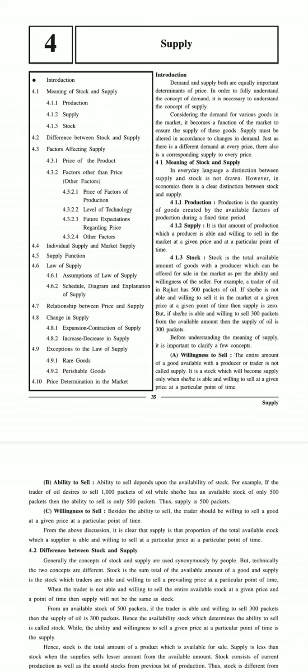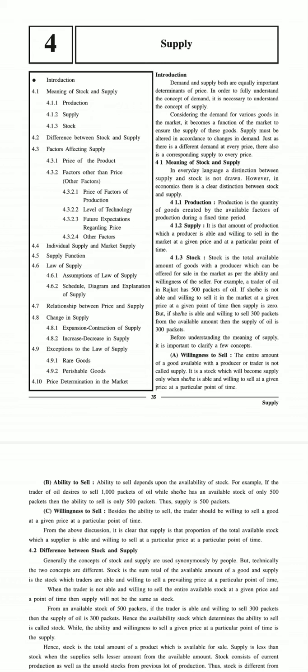Now, production in business administration means the process of combining various material inputs and immaterial inputs like plans, methods, men, etc. It is an act of creating an output, whereas in economics it is the quantity of goods which is created by the available factors of production.